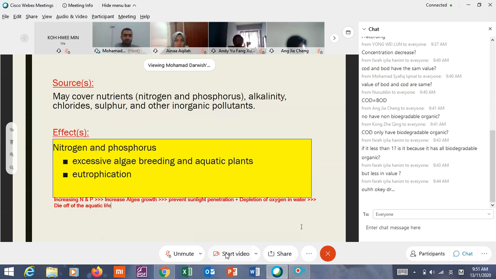Okay. So eutrophication is when a water body, like a river or lake, becomes overly enriched with minerals and nutrients such as nitrogen and phosphate.